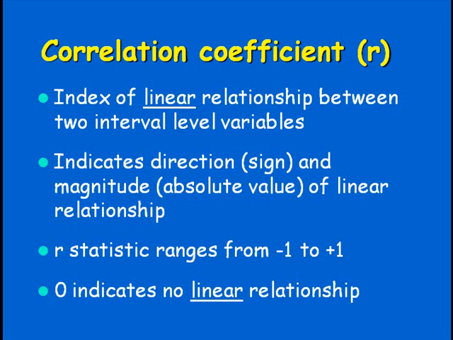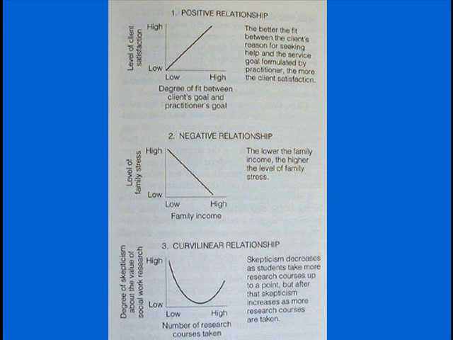So let's look at some examples. We want to look at an example of a positive relationship. The first one may have R equal to 0.8, for example.